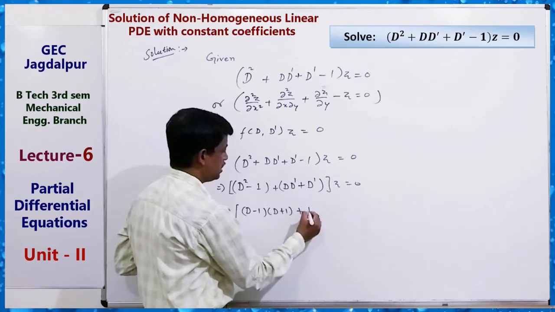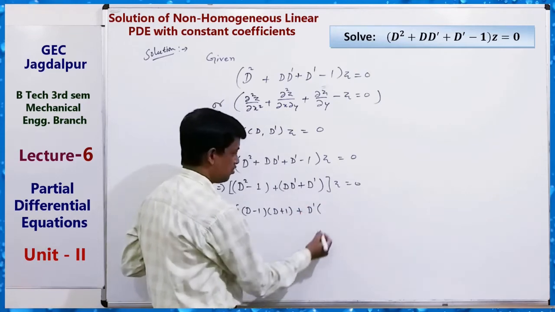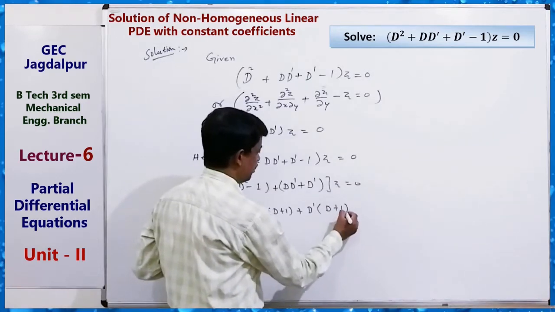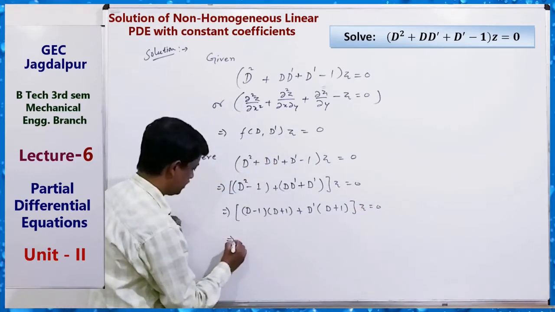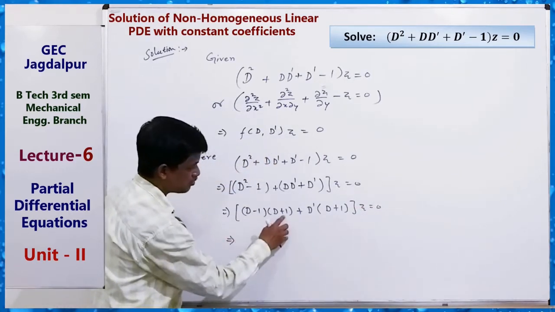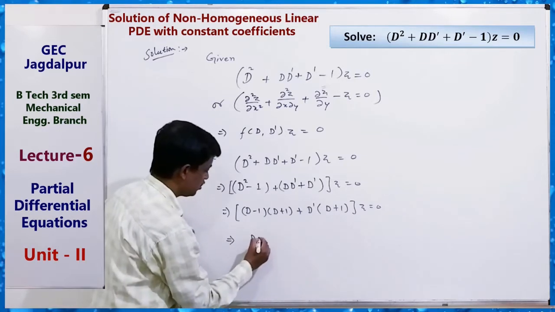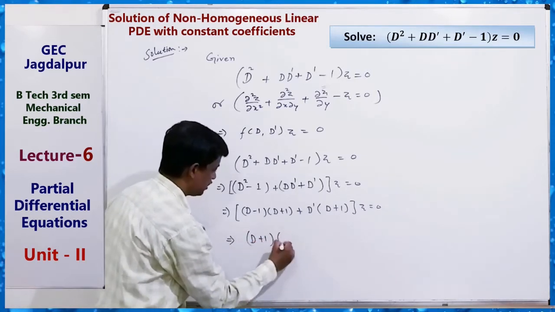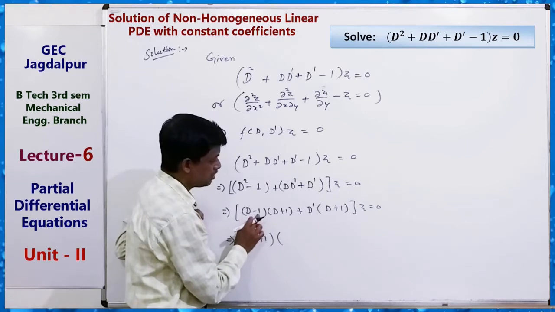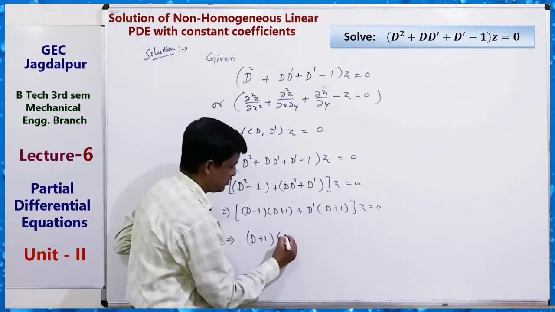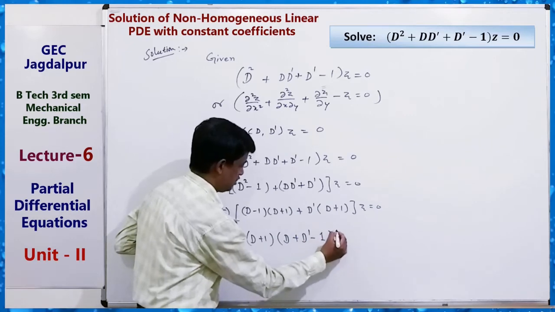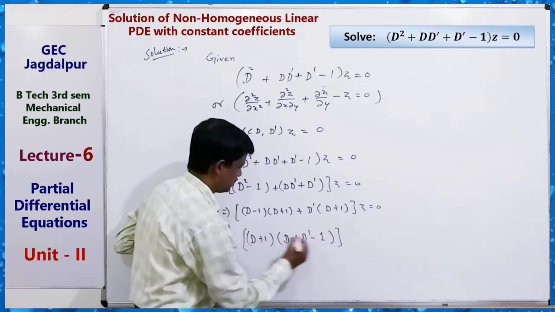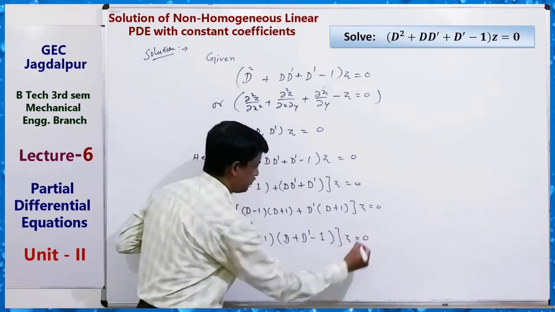Here common D'. Then we can write (D + 1), z = 0. So we see that (D + 1) is taken common. Then we get (D − 1 + D'), meaning (D + D' − 1). This is the factorization, z = 0.